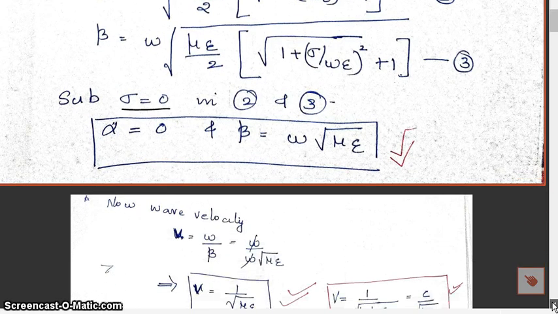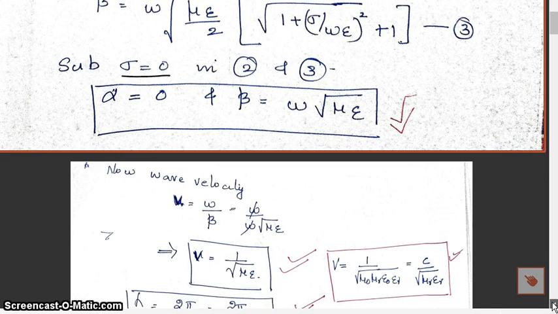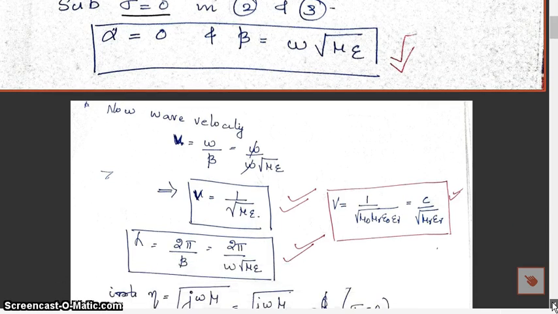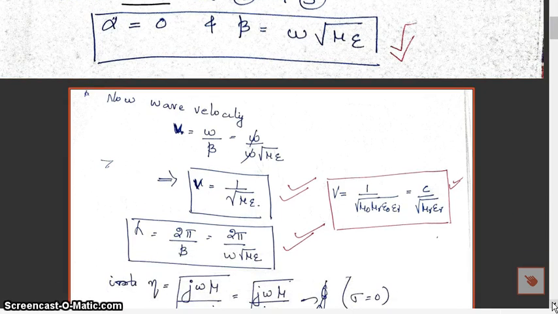That's all. Next we will see the velocity of an EM wave in this particular medium, which is given by V is equal to omega by beta. And you know beta is equal to omega into square root of mu epsilon. From that you will get V is equal to 1 by square root of mu epsilon.